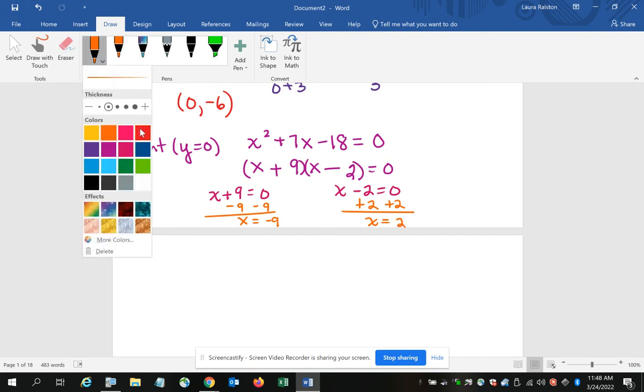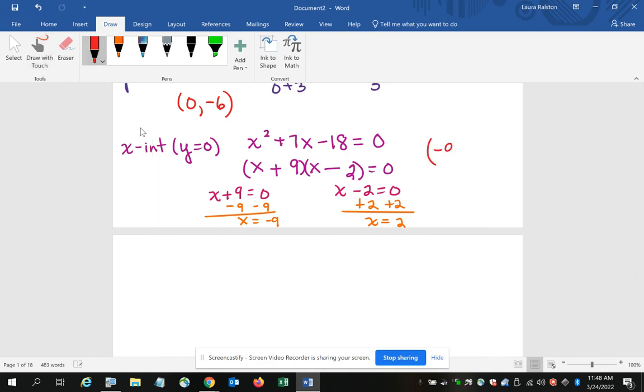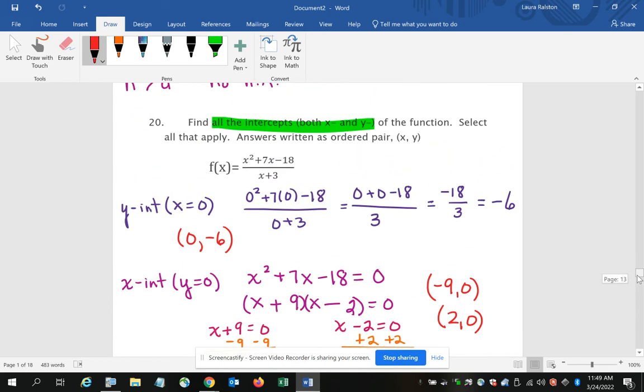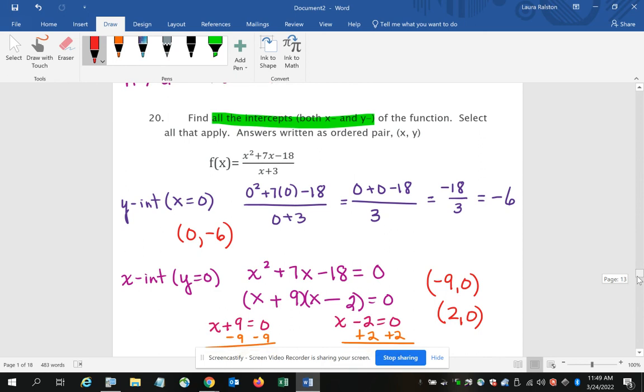So written as ordered pairs, my x-intercepts are (-9, 0) and (2, 0). So you would actually select 3 answers because you have the y-intercept and 2 x-intercepts, which is a total of 3. Again, guys, it's important that you pay attention to the instructions.